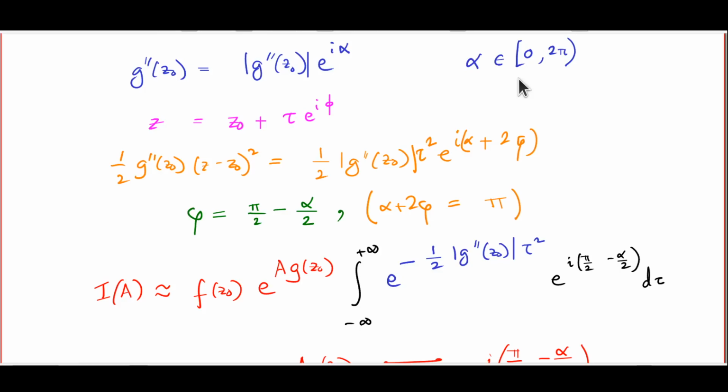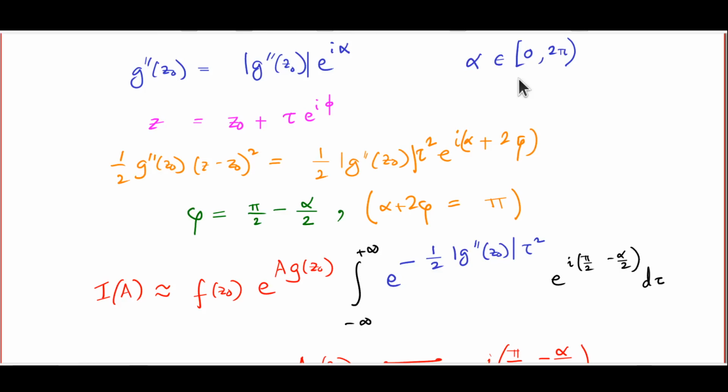That is, this term should be purely negative. Since half mod of g double prime z0 into tau square is definitely real and positive, what we must have is e to the I alpha plus 2 phi must be minus 1. That is, alpha plus 2 phi must be pi, and this tells us what phi must be. Phi must be pi by 2 minus alpha by 2.